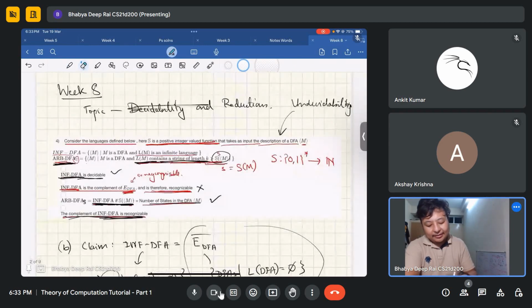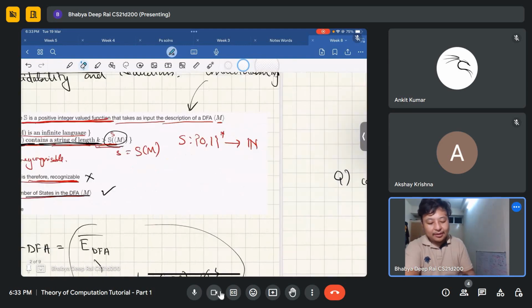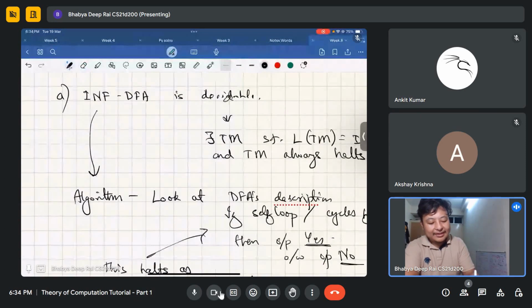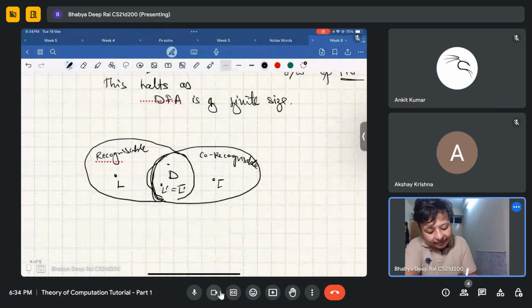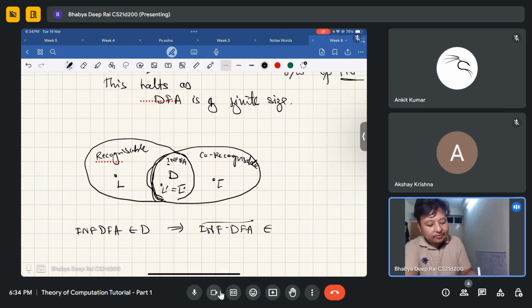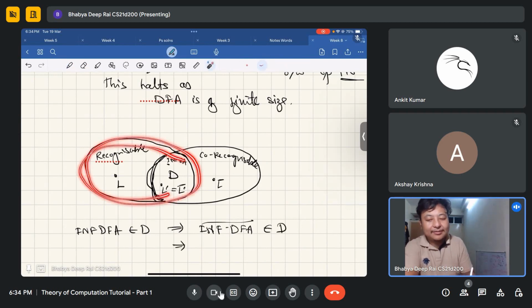So the question is saying the complement of inf DFA is recognizable. Where did we put inf DFA? We said it is decidable. So since inf DFA is decidable, the complement of inf DFA is also decidable, and since decidable itself is inside recognizable, it is both inside co-recognizable and recognizable.